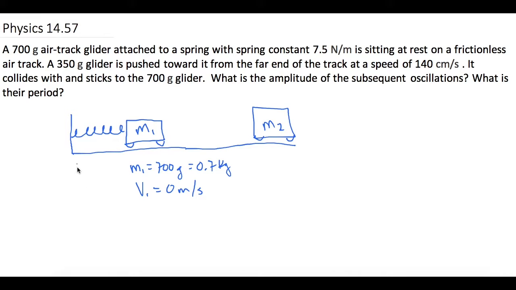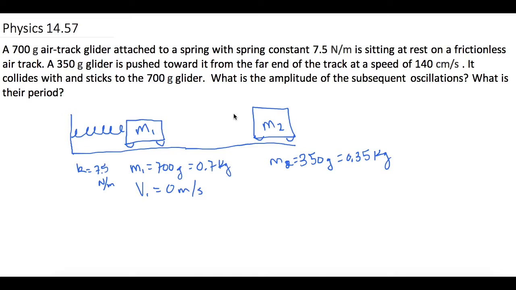Then the spring constant is 7.5 newtons per meter. And M2 is 350 grams, or of course 0.35 kilograms.